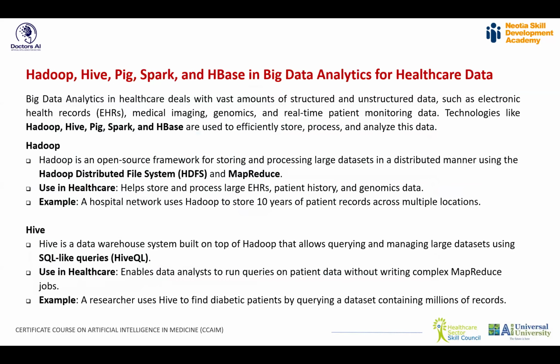Now I will explain each of these. What is Hadoop? Take an example. Hadoop is an open source framework for storing and processing large data sets in a distributed manner using the Hadoop Distributed File System, called HDFS, and MapReduce. This Hadoop is basically a technology provided to store big data in a distributed file system.